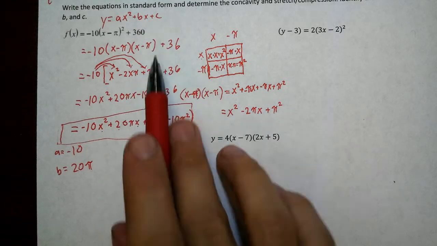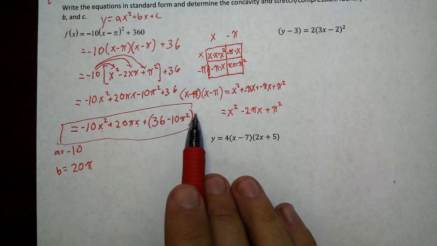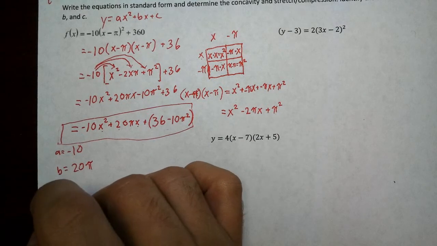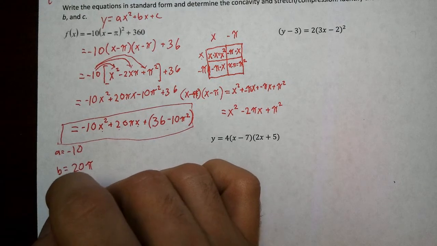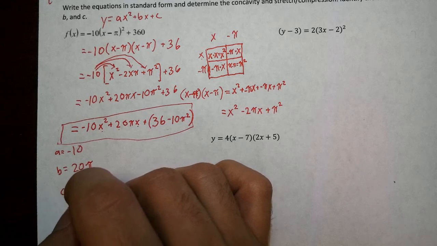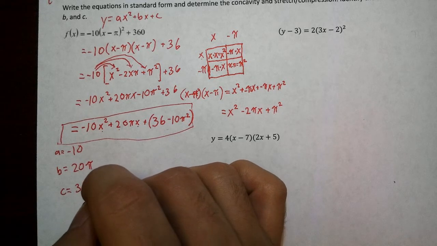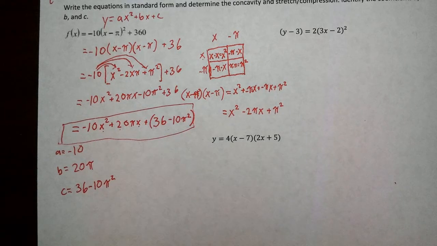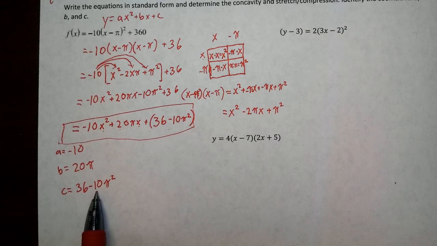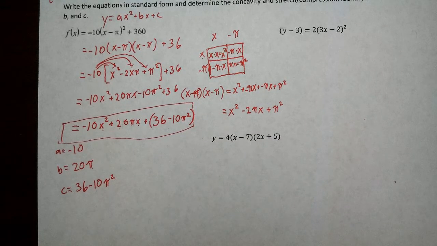And then c is just that thing that's being added at the end, so c equals 36 minus 10 pi squared. Okay, and that's our a, b, and c. You can actually calculate that on your calculator if you want. I'm just not going to because I'm a mathematician, not a calculator.